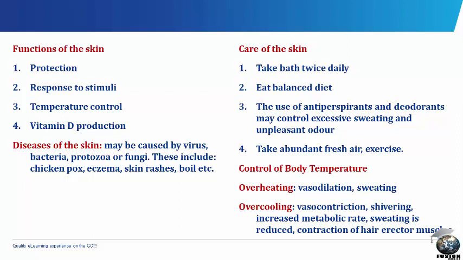In the control of body temperature, overheating may be caused by hot weather, vigorous exercise, high fever, or exposure to solar radiation. Increase in body temperature stimulates temperature receptors in the hypothalamus in the brain, which sends nervous impulses to the skin. These impulses cause changes such as the vasodilation and sweating.